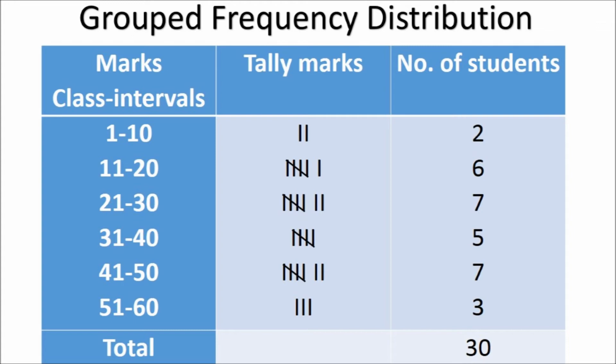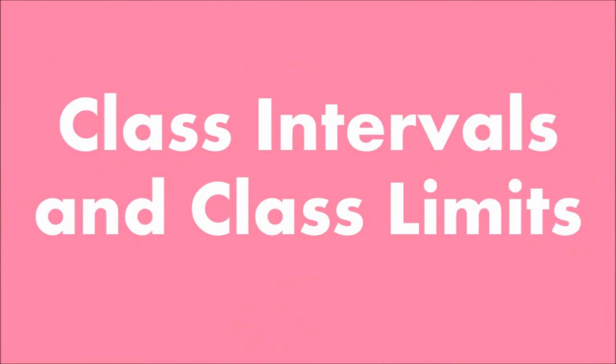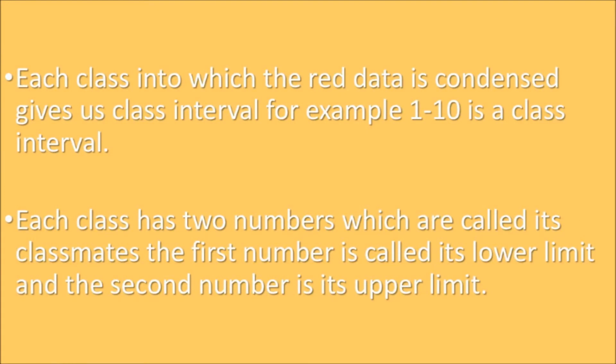Now, let's talk about class intervals and class limits. Each group of class into which the raw data is condensed is called a class interval. Like in our above example, 1 to 11, 11 to 21 are all class intervals.